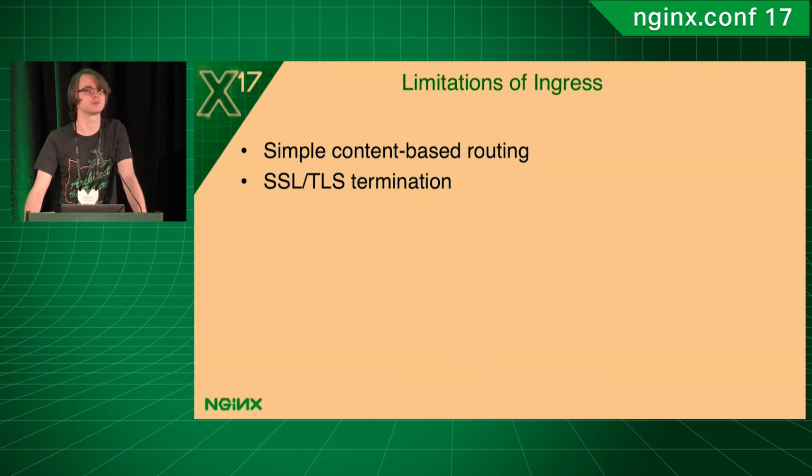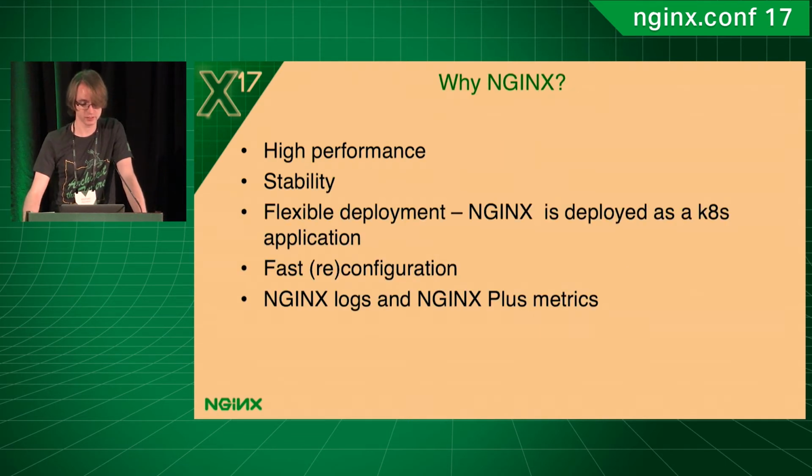And the answer is yes. It is important that we use NGINX because of our requirements for high performance and stability. We also deploy NGINX in a container, so we manage it as a Kubernetes application, so we can easily update and scale NGINX.